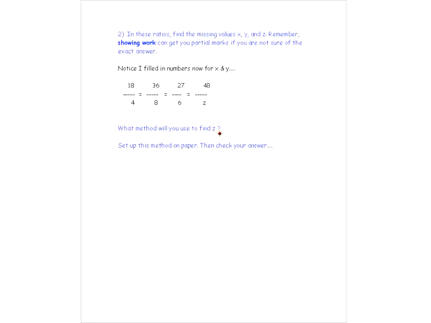So again, remember at this point you don't need to actually solve it, you just need to set up the method you would use to find z.